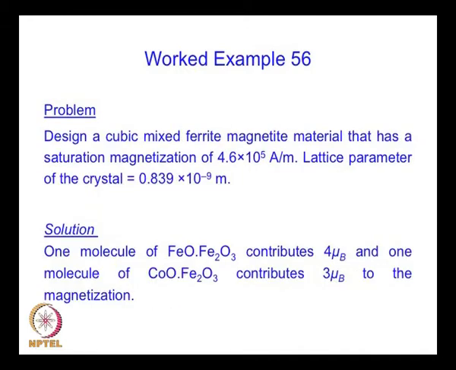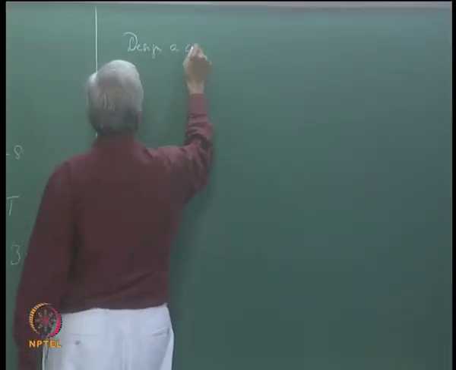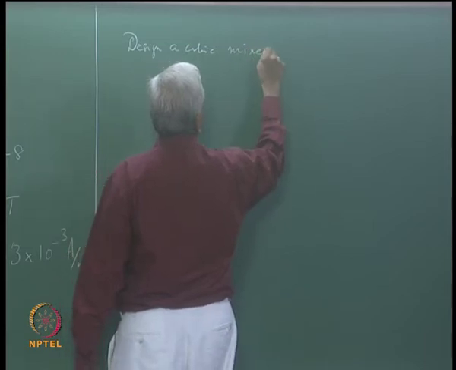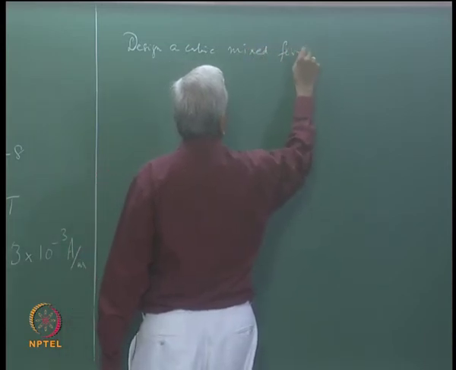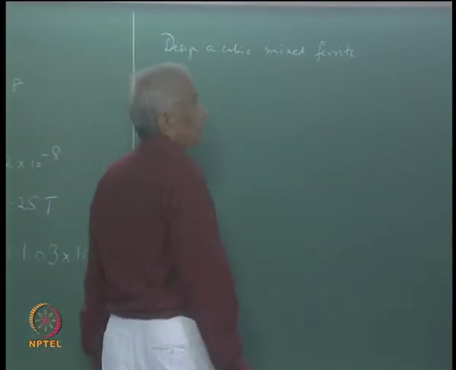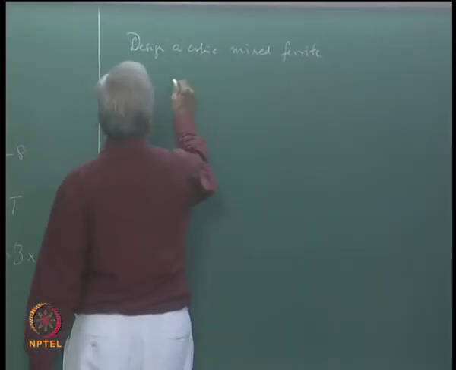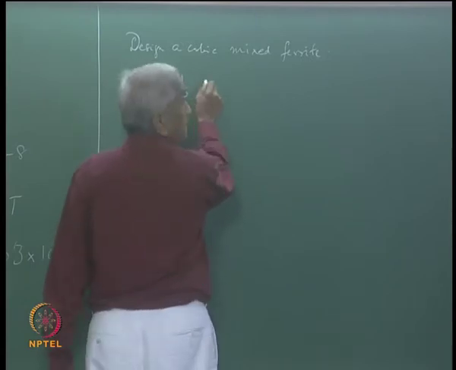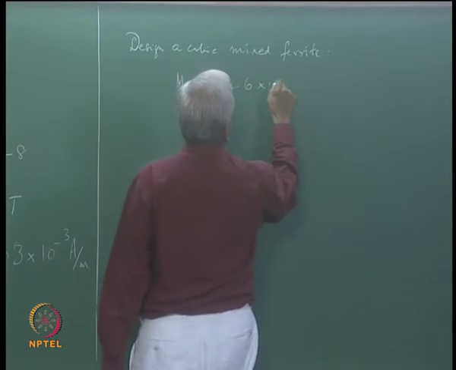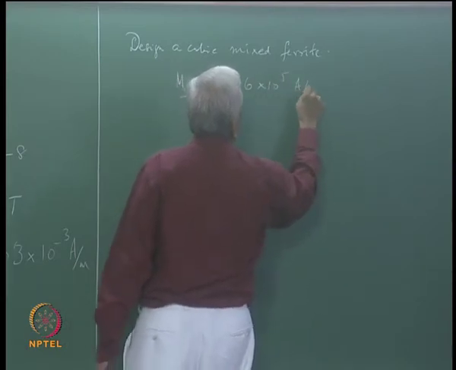Next we are asked to design a cubic mixed ferrite which has a saturation magnetization of 4.6 into 10 to the power 5 ampere per meter.